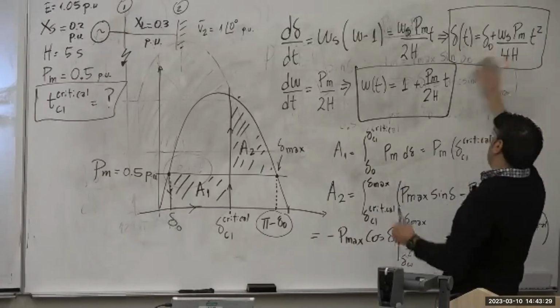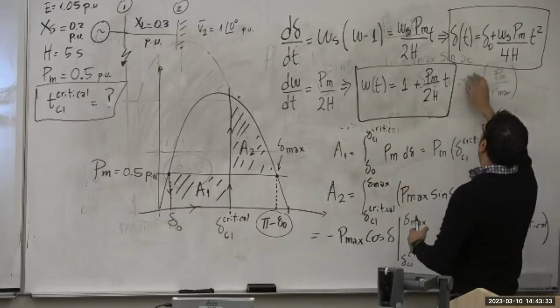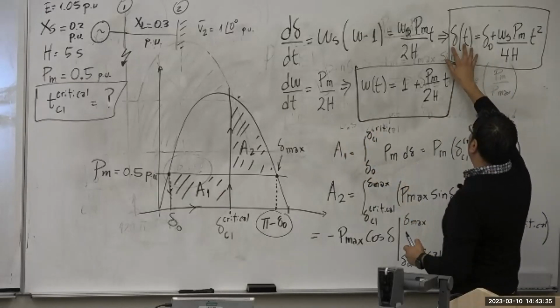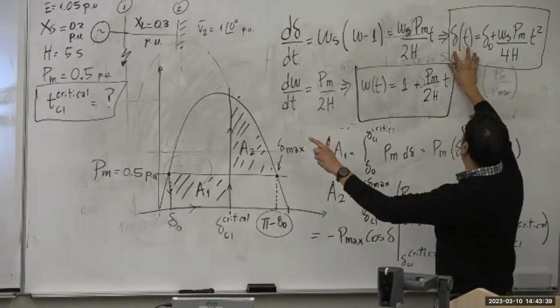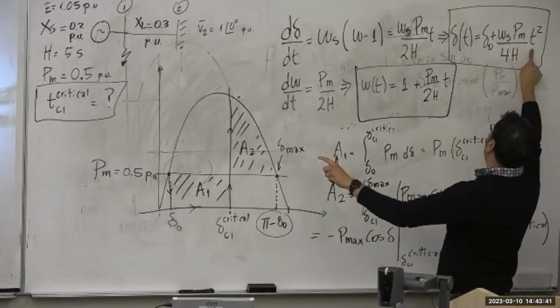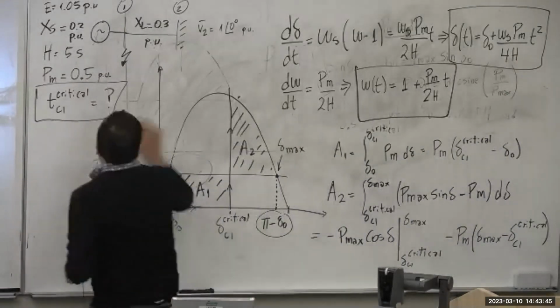As we know the explicit solution for the angle, we can replace here when delta t is equal to the critical clearing angle, and we can solve for the critical clearing time. So we do that.